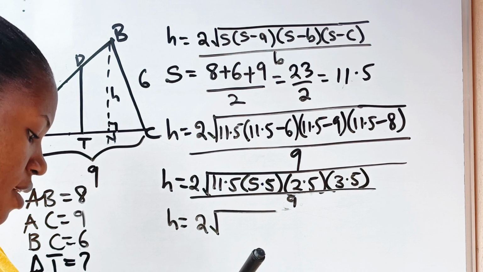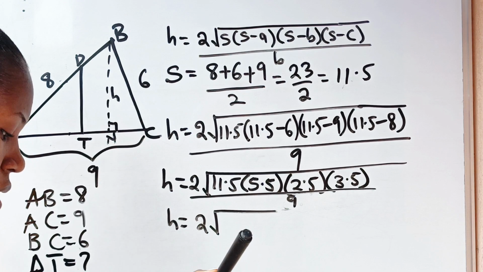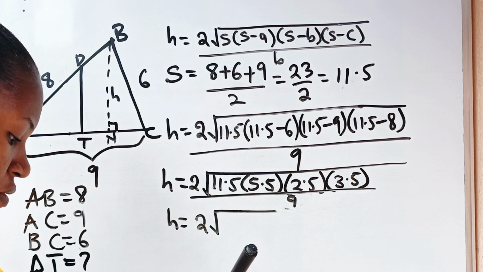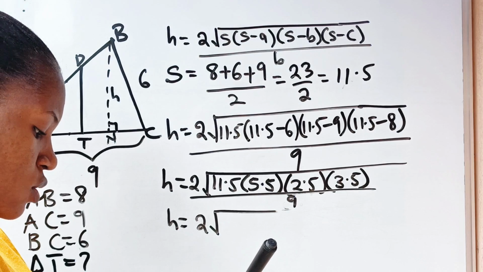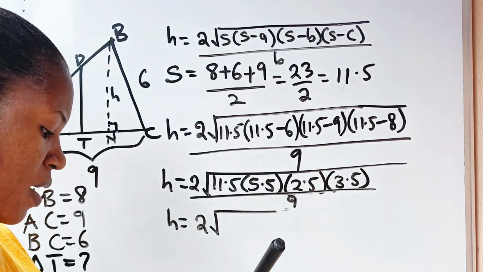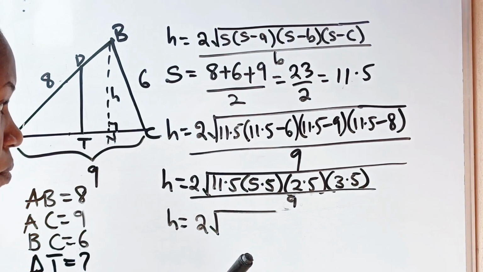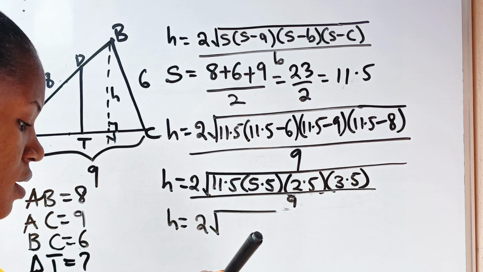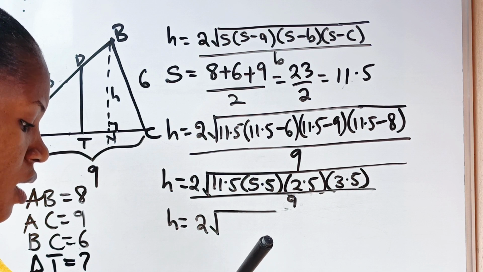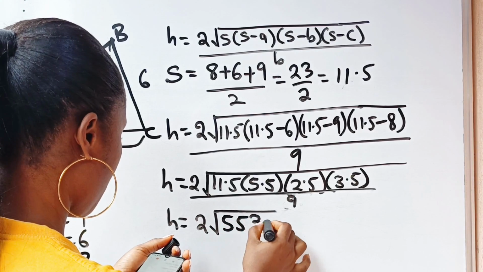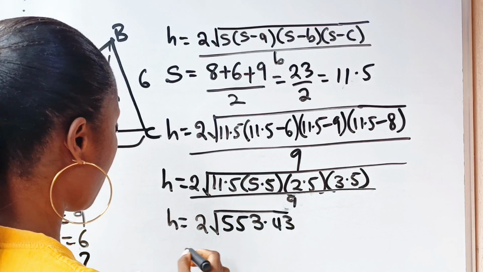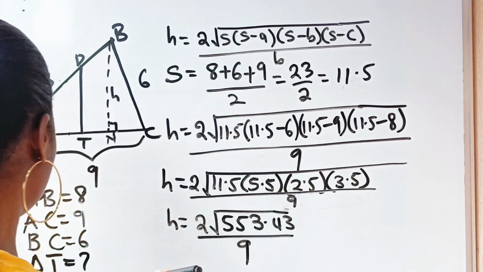So we have 11.5 multiplied by 5.5, multiplied by 2.5, multiplied by 3.5, which gives us 553.43 approximately. Now divided by 9.